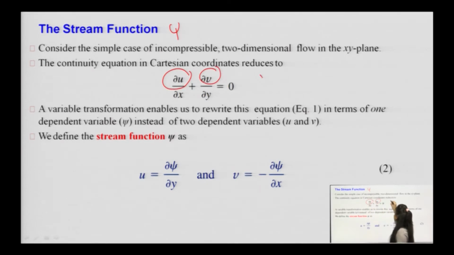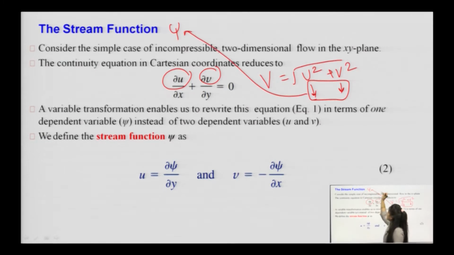That is, the velocity components in the x direction and the y direction can be replaced by a single component psi. We define psi such that its partial derivative in any direction gives us the velocity component in the direction at right angle to it.